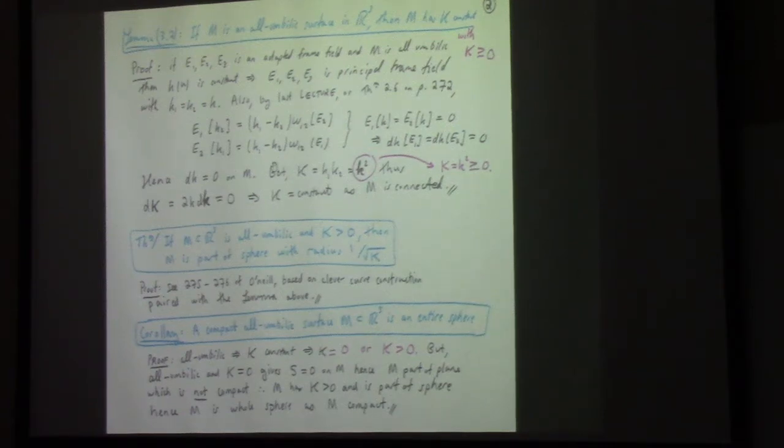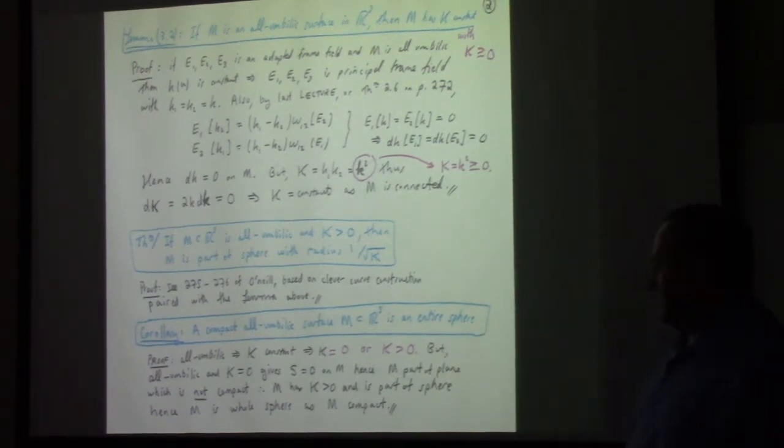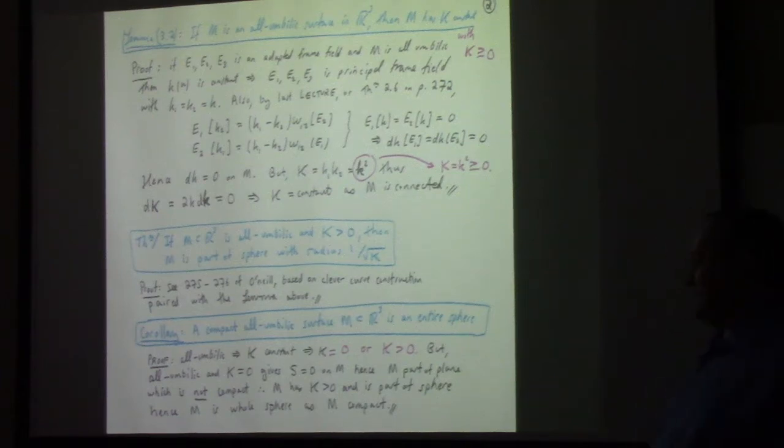And then a compact all umbilic surface is an entire sphere. So all umbilic implies that it's either 0 or positive curvature, but all umbilic and curvature 0 means that the shape operator is 0, which means it's part of a plane, but a plane's not compact, so it must be that k is everywhere positive and constant, and therefore it's compact as a sphere.